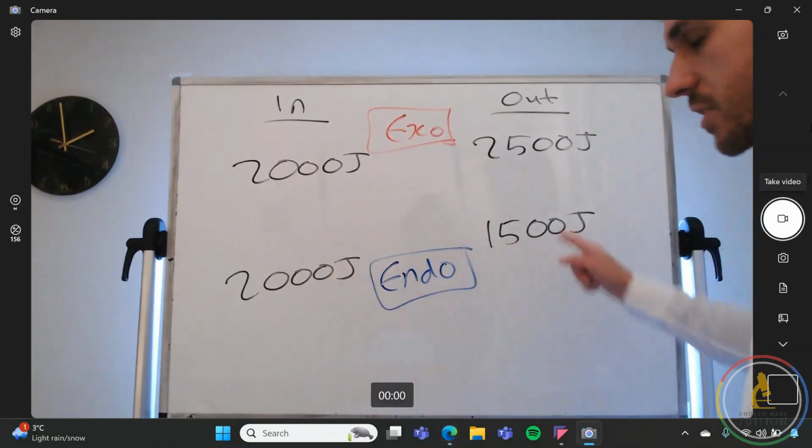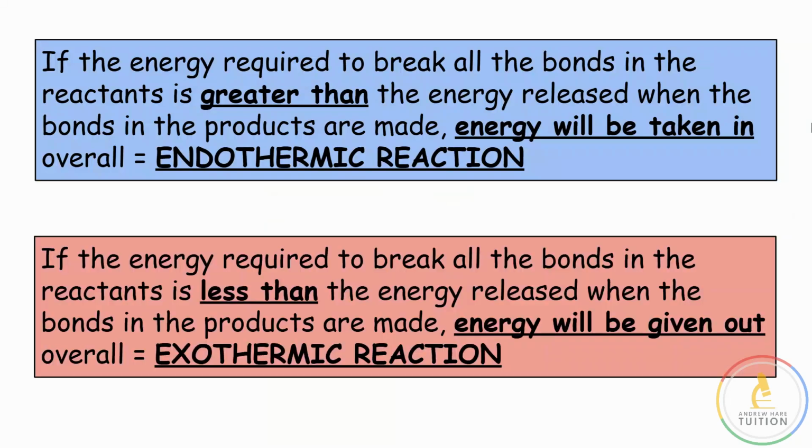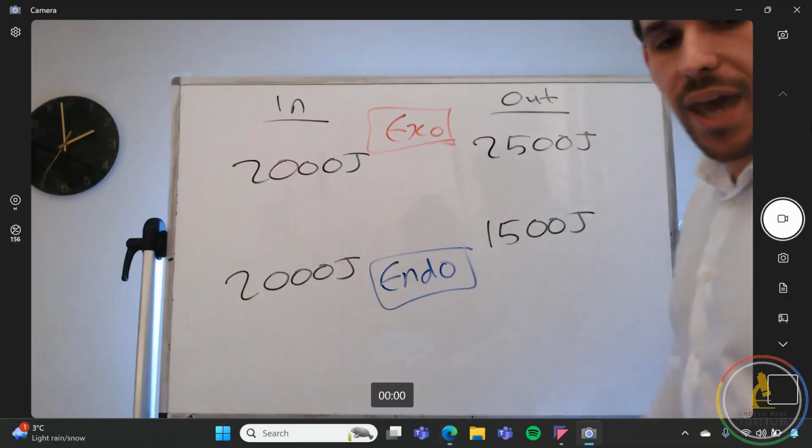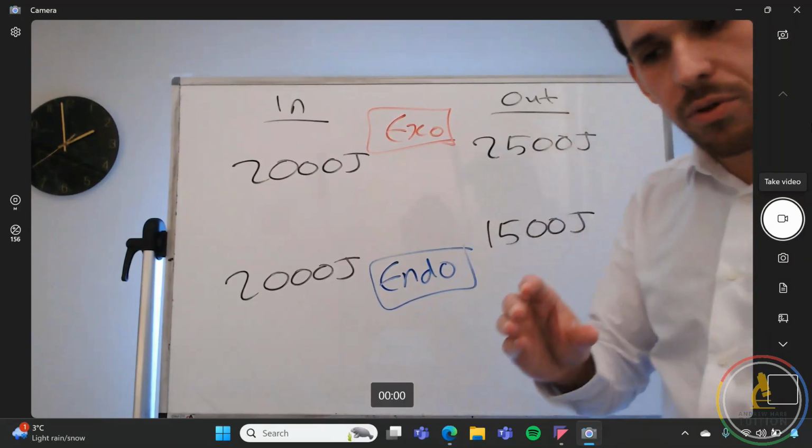So this was our bottom example. If, however, the opposite is true and the energy required to break all the bonds in the reactants is less than the energy released when the bonds in the products are remade, overall energy will be given out and it will be exothermic, just like this example at the top.